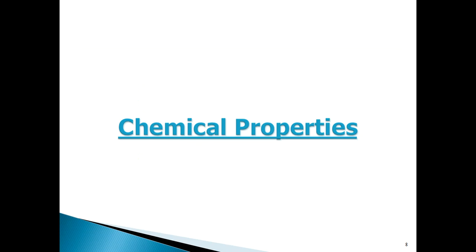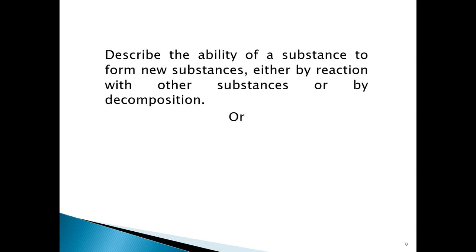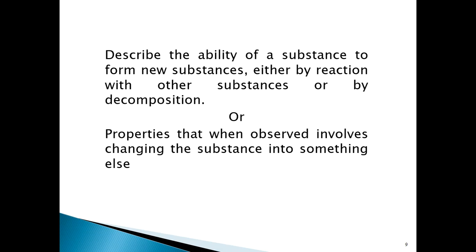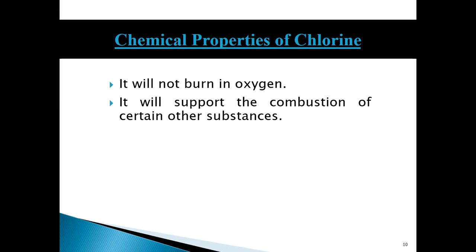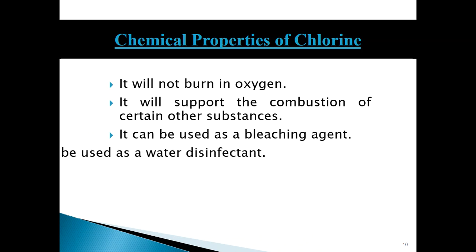Okay, so we talked about physical properties. What about chemical properties? Well, the chemical property of a substance is one that, when observed, involves a chemical reaction or the substance actually being converted into new material. So again, to illustrate what we mean by chemical properties, we're going back to the chlorine that we saw before, and what you see here are a list of chemical properties of chlorine.